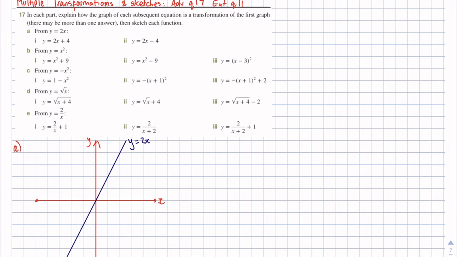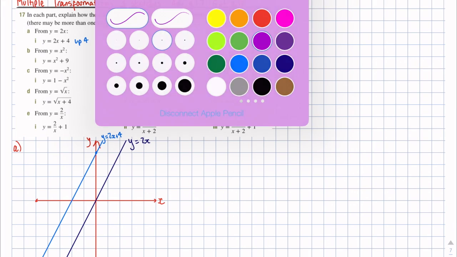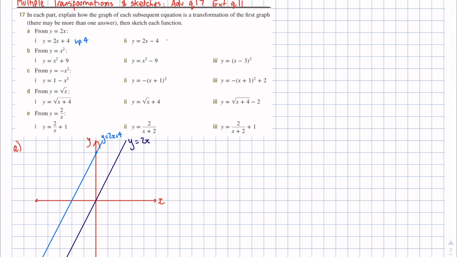Now, this one, y equals 2x plus 4, has gone up 4 spots. So instead of going through the origin, we're going to start from there. But essentially, it's got the same gradient, same everything. It's just being moved up 4 spots. And then if I'm going to do y equals 2x take 4, it's gone down 4.